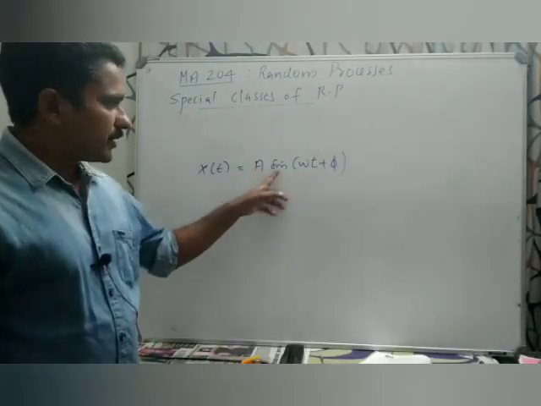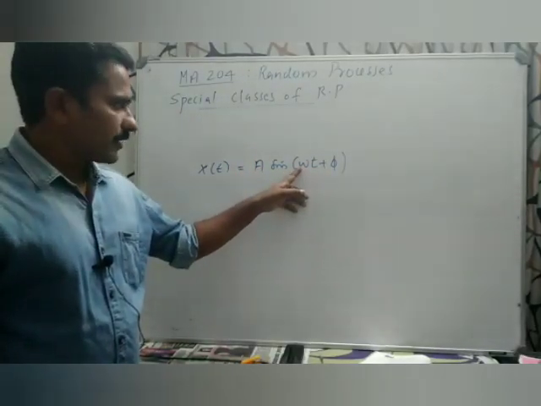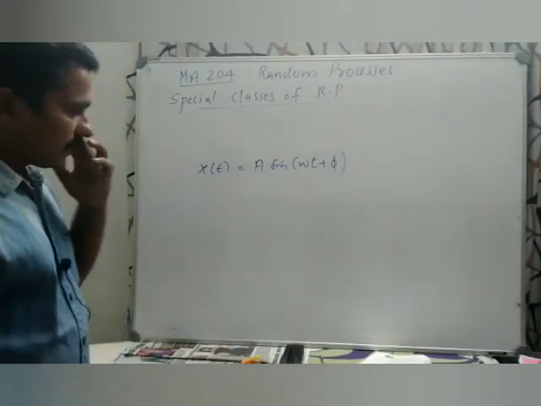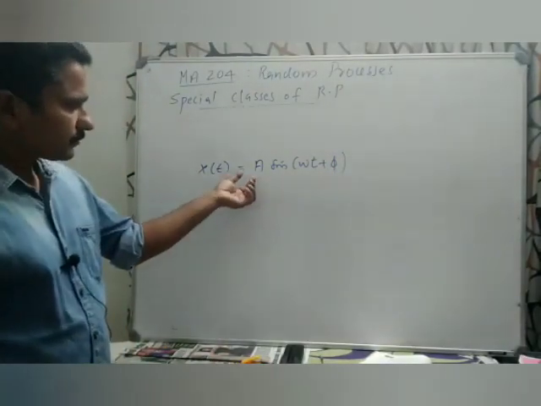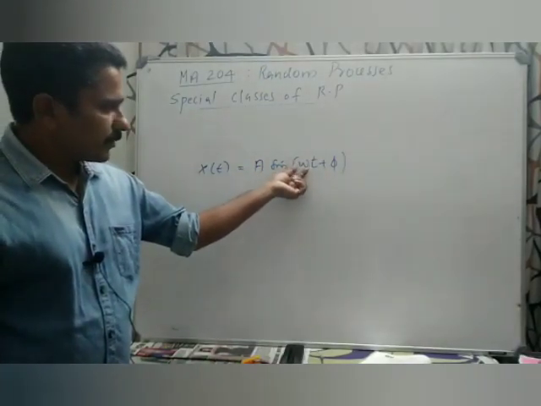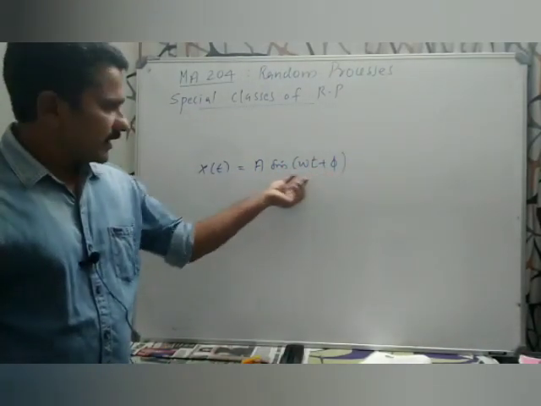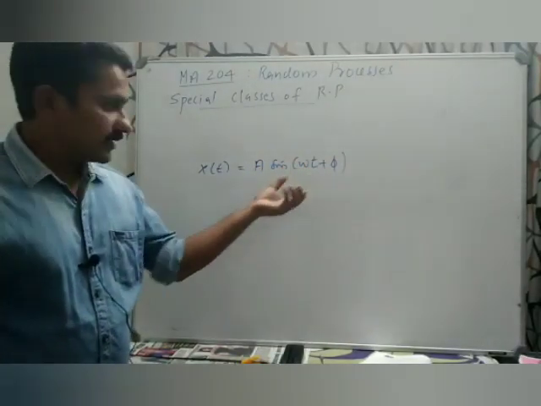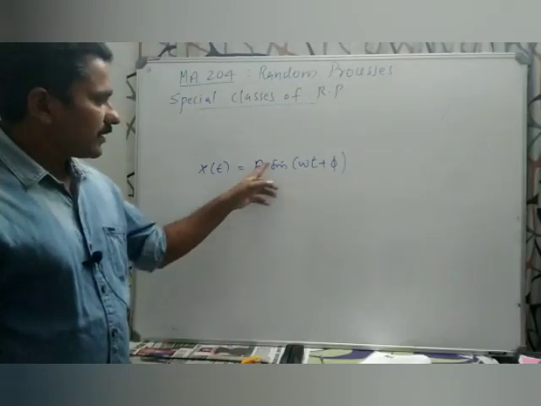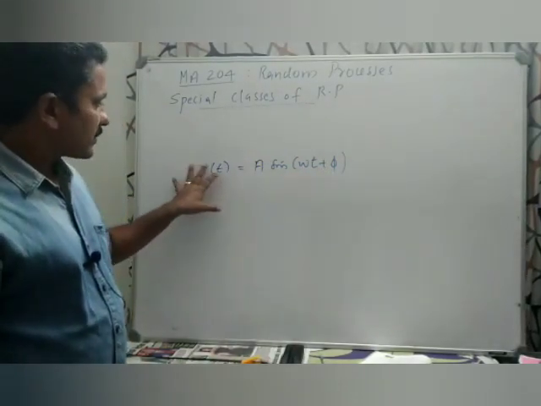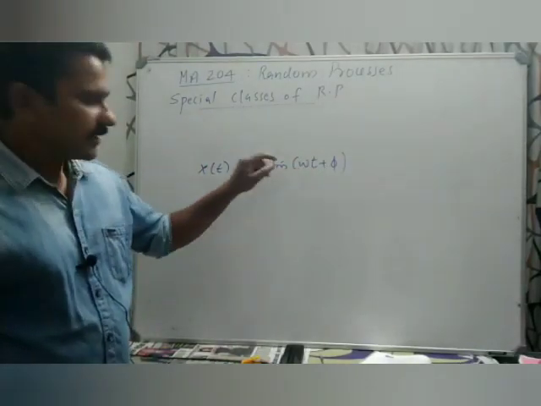A is the amplitude, omega is the frequency, and phi is the phase shift. For a signal, if the amplitude, the frequency omega, and the phase shift are all constant, that means they are deterministic values, then you will always get a fixed value for each t, right?